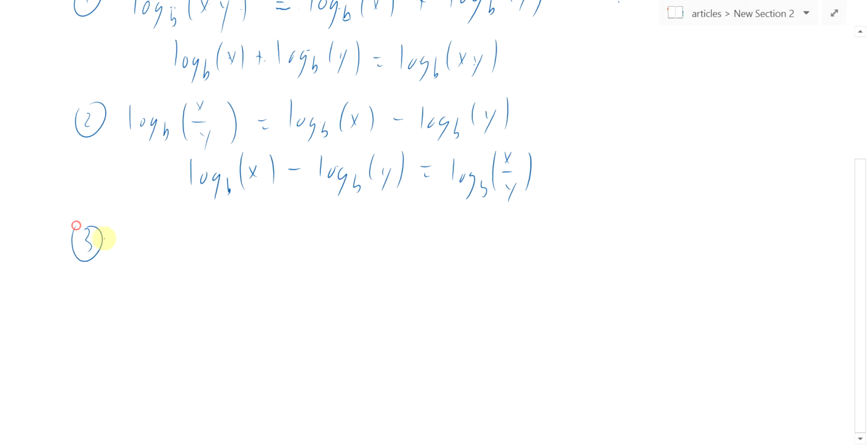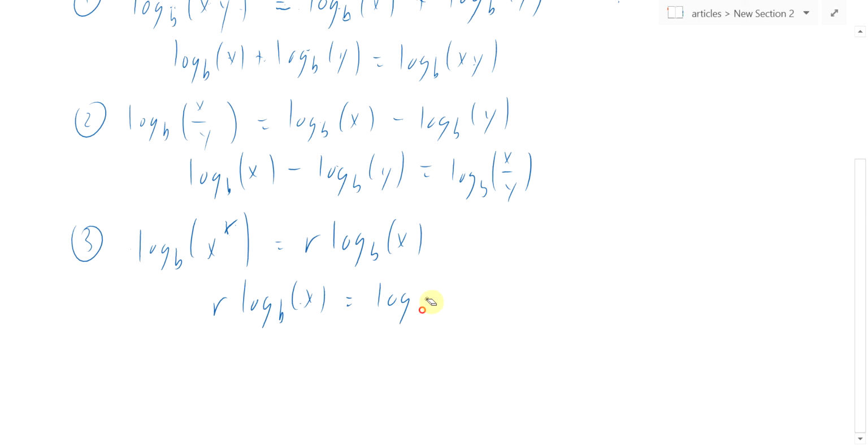And the third, and this is the most important one for us, is if I have an exponent r, x to the r, inside of a logarithm, the r can come out front as a coefficient. And vice versa, of course. If I have a coefficient of a logarithm, a number times some logarithm, I can put the coefficient inside the logarithm as a power.